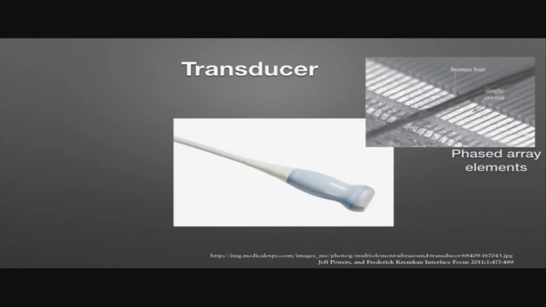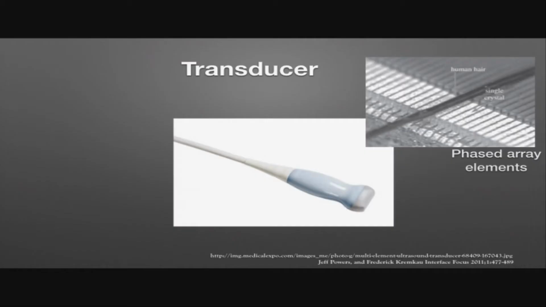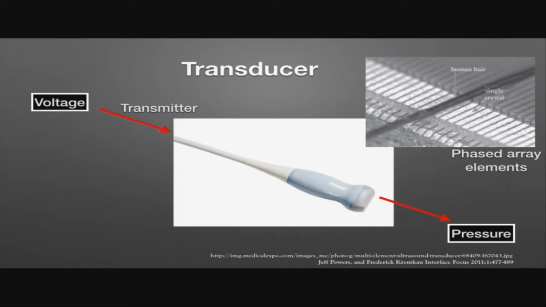So the transducer. I'm particularly talking about phased array elements from the echocardiography side of things, and typically you've got 128 elements of a transducer that are both sending out and receiving ultrasound waves. And as we talked about in a previous lecture, we have a voltage that's applied to the transducer, and this fires off those piezoelectric crystals which change that voltage into a pressure.